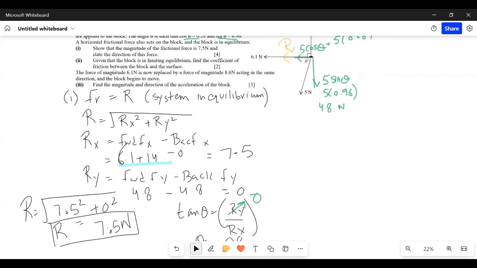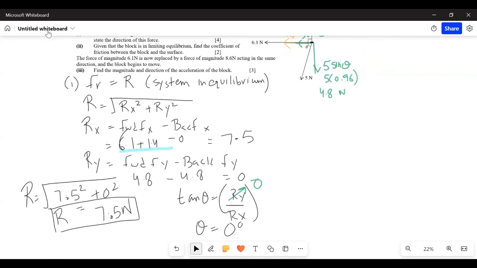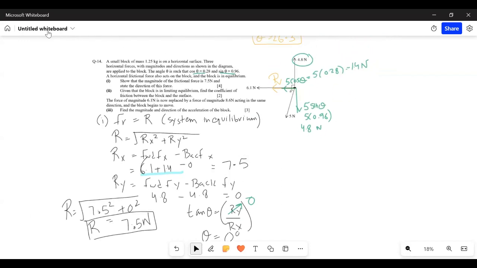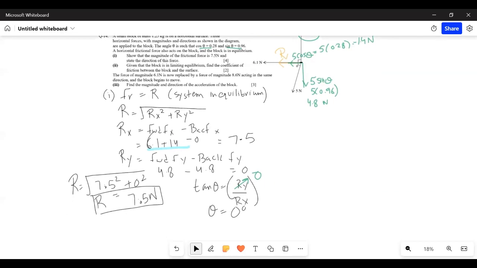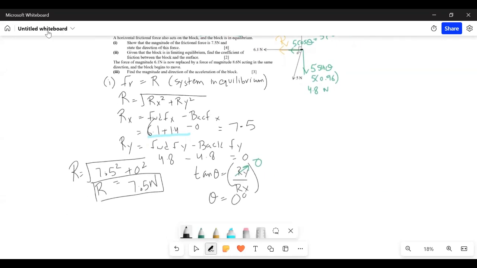That means resultant का कोई angle ही नहीं. It's 0 degree angle, so it is where it is, in the direction of 6.1 Newton force. So the direction is in the direction of 6.1 Newton force.